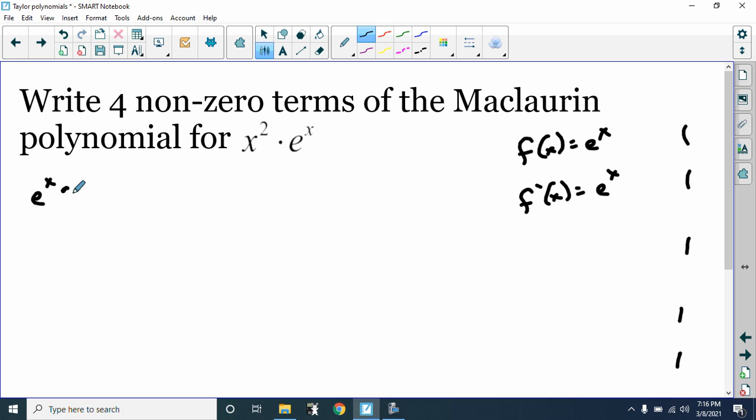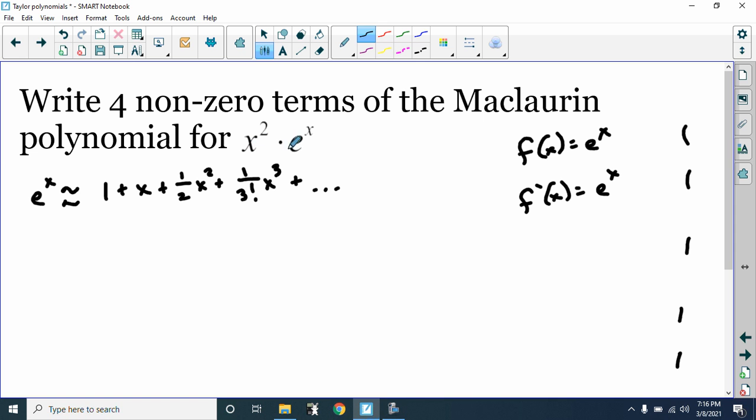So e to the x is 1 plus 1x plus 1x squared divided by 2 factorial plus 1x cubed divided by 3 factorial plus 1x to the 4th divided by 4 factorial, and so on. We need 4 non-zero terms, so this is e to the x.